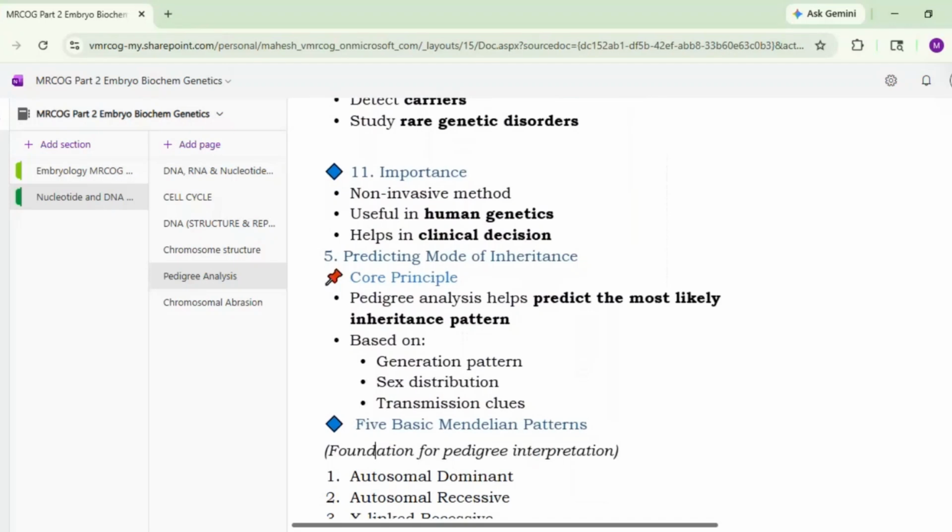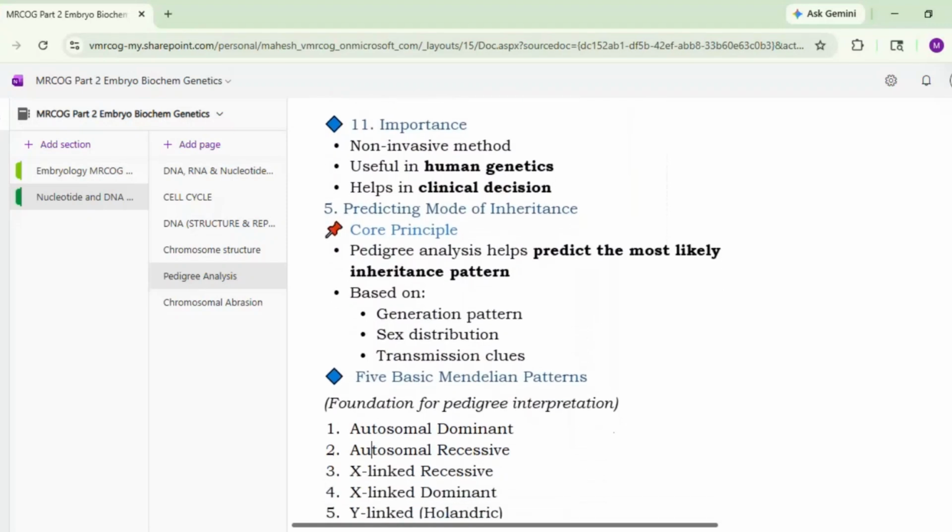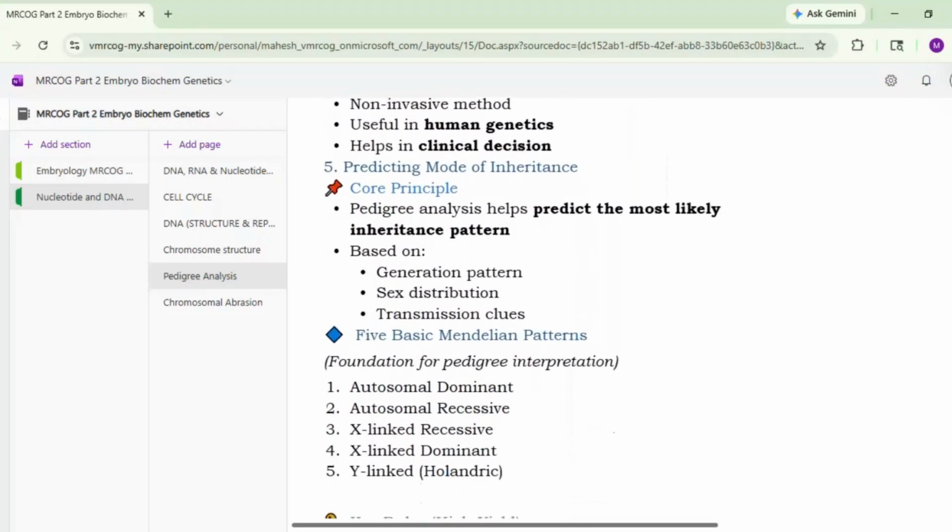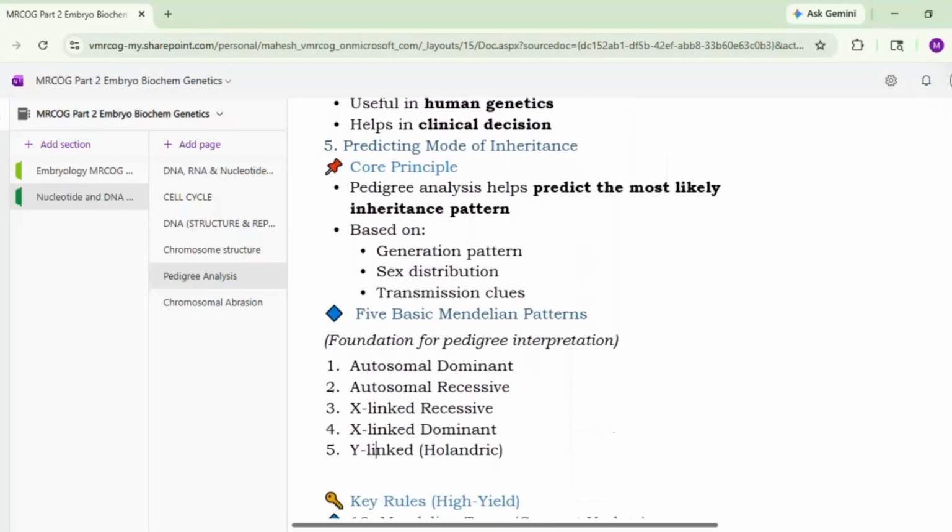There are 5 basic Mendelian patterns which you are going to see. What are those 5 basic patterns? One is autosomal dominant, second, autosomal recessive, third, X-linked recessive, fourth, X-linked dominant, or it can be Holandric, that is Y-linked. So these are the 5 types, and what the pedigree will be in each, that we should be able to understand.